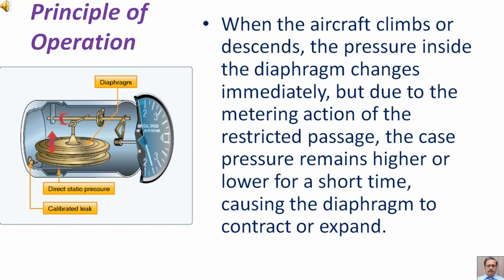When the aircraft climbs or descends, the pressure inside the diaphragm changes immediately, but due to the metering action of the restricted passage, the case pressure remains higher or lower for a short time, causing the diaphragm to contract or expand.